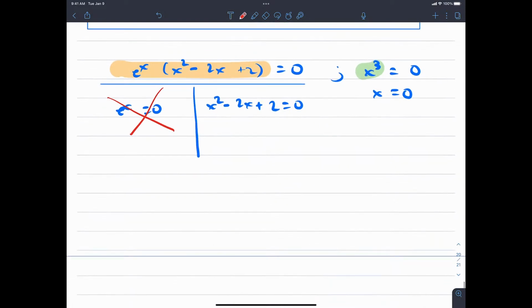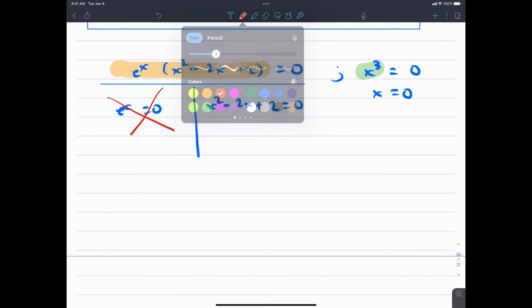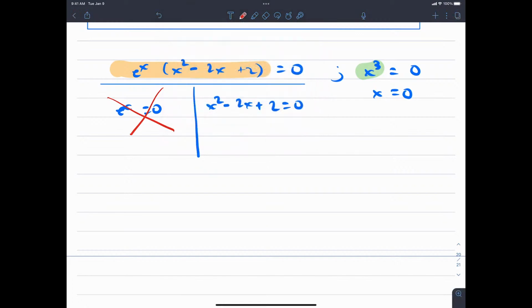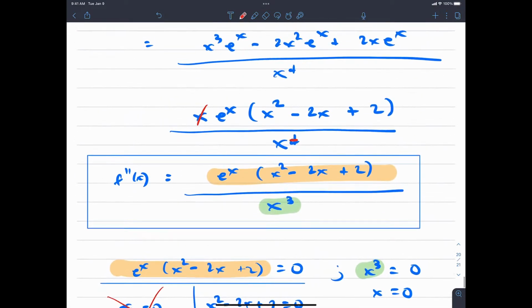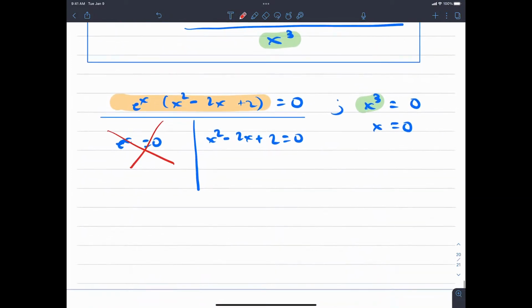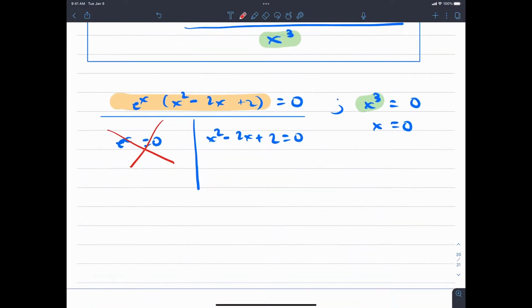So what about this x squared minus 2x plus 2 is 0? What do we do with this? Well, I don't think it's factorable. Is that right? I think it's 2x. So I don't think you could do what with that? You're going to have to use what? Quadratic formula.